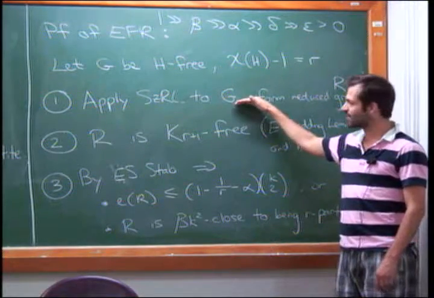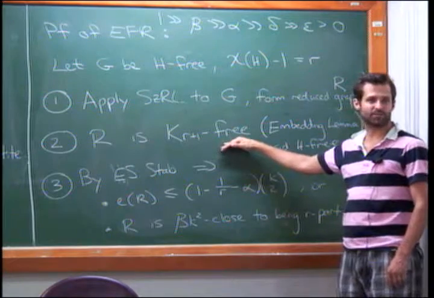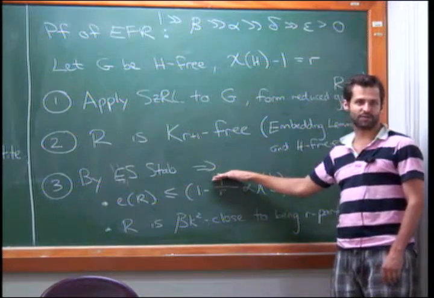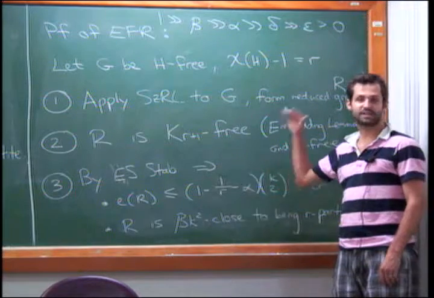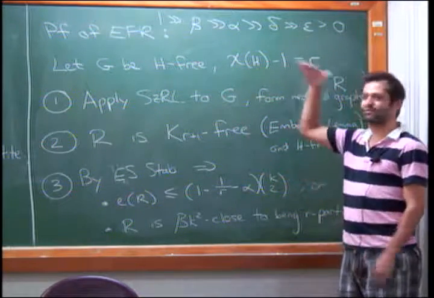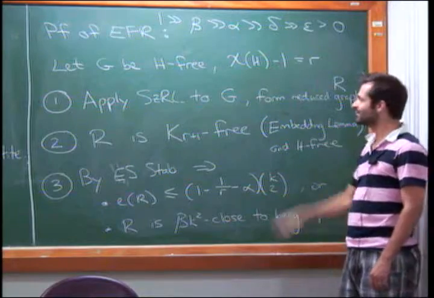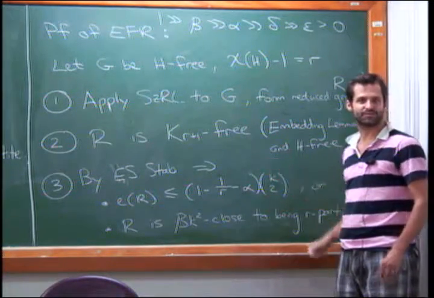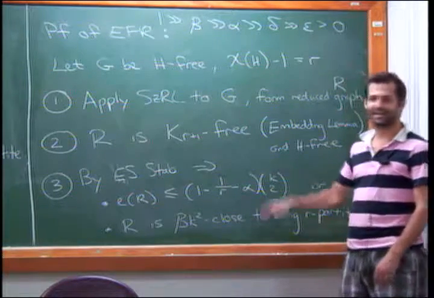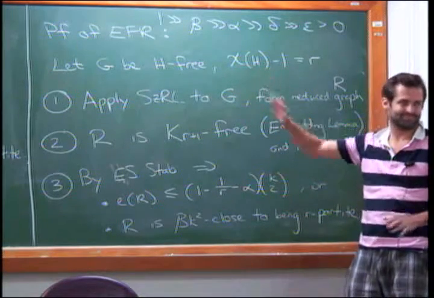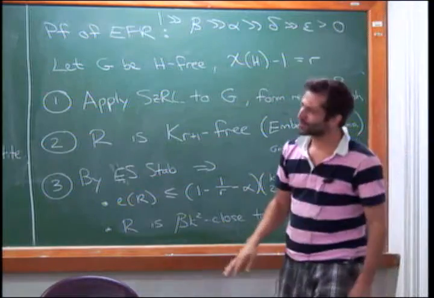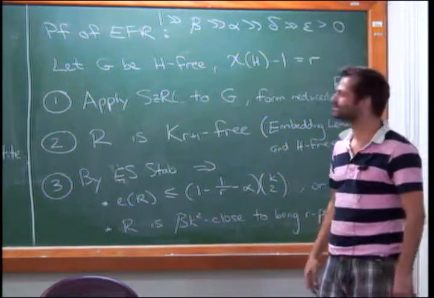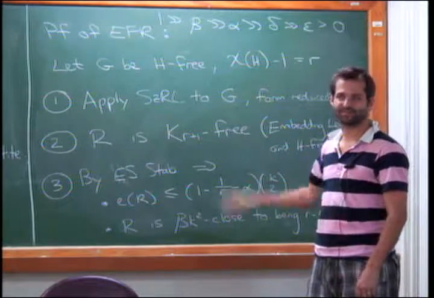Apply the regularity lemma, observe that R is K r plus 1 free by the embedding lemma, and apply the stability method to R. So it's the same thing we did with the 5 steps that I wrote down. You're just applying some standard theorem to the reduced graph. And then you do some counting, which, whether you believe it now or not, really is easy. You just count. This is the hard part.